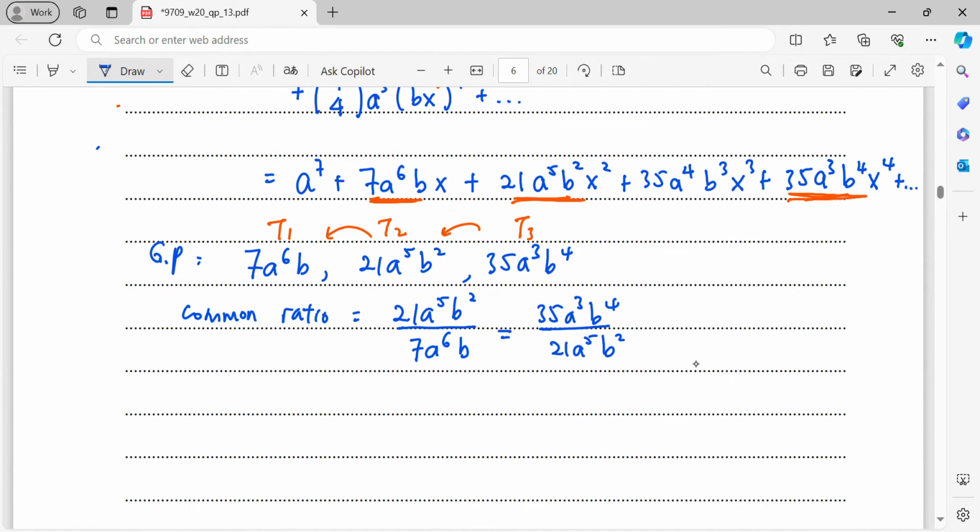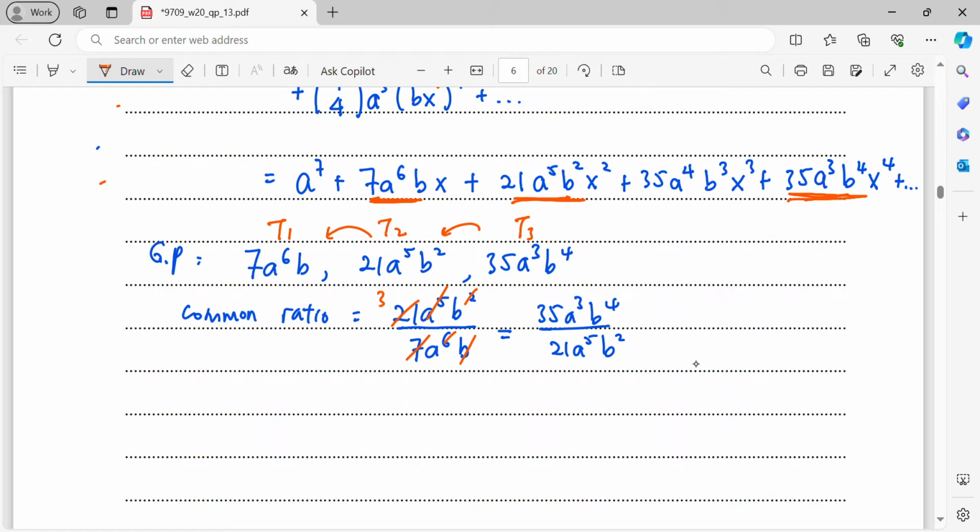Now, from here, I know that 7 can be divided by 21, that is 3. Then the a, this b cancels off. You still have degree 1. A^5 cancels with the 6, right? That means you still have a in the denominator.